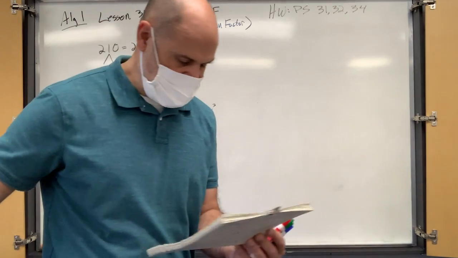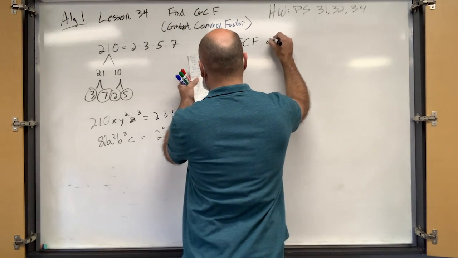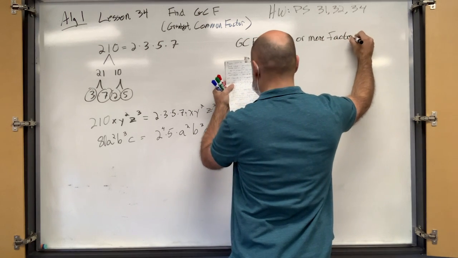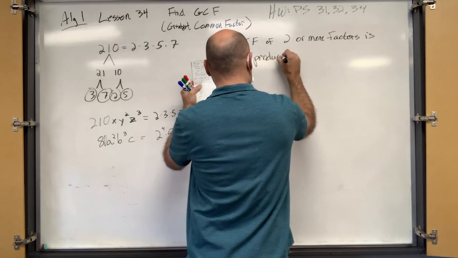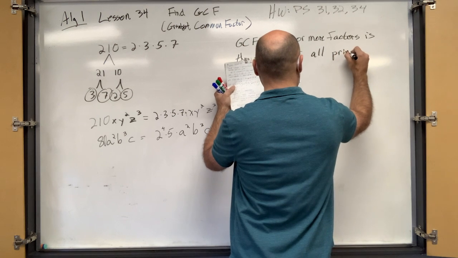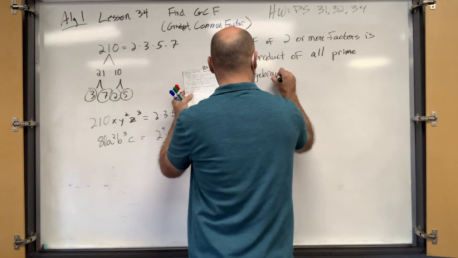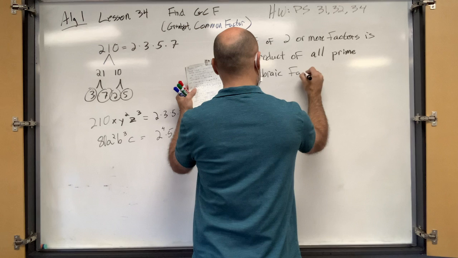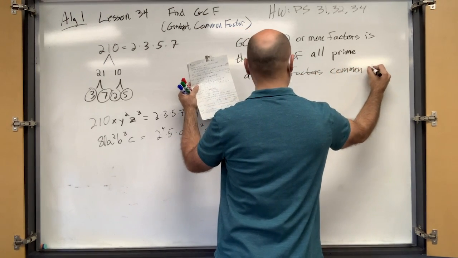Okay, now Saxon puts this little statement here and says GCF of 2 or more factors is the product of all prime algebraic, remember algebraic means numerical and literal, algebraic factors common to every term.